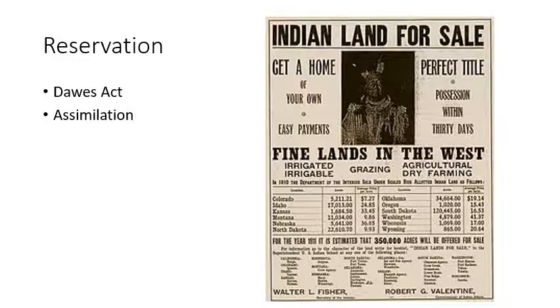Then we see Congress passes in 1887 the Dawes Act. The Dawes Act is really important because Native Americans held land communally. It was going to divide up all of the tribal lands of these reservations amongst individual Indians, thus trying to force the concept of private property onto them.